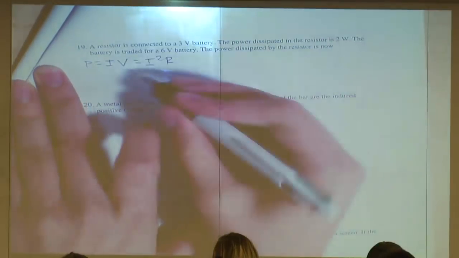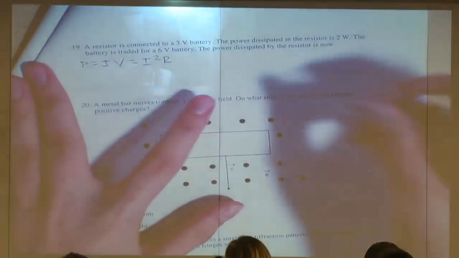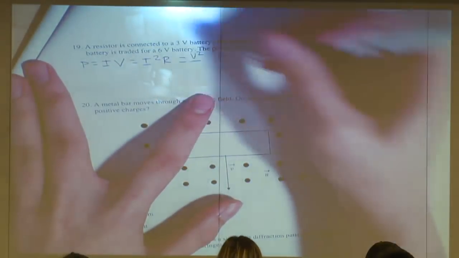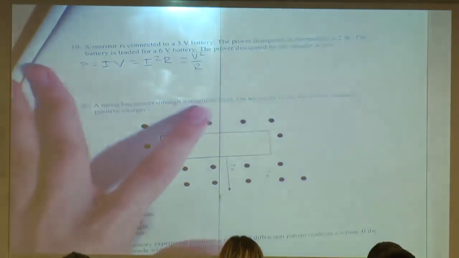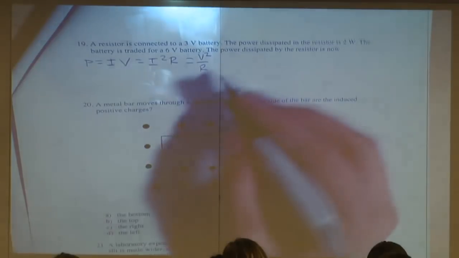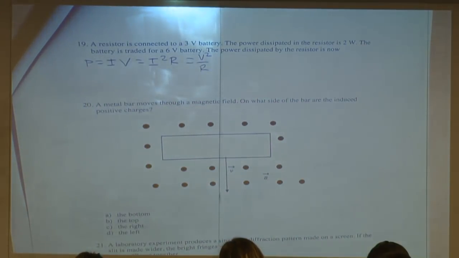You find this by manipulating Ohm's law and plugging in stuff. So that's I squared R, and then V squared over R is the other equation. Whenever you're given this type of question, you want to find the resistor value, because the current is going to change when you change the voltage.